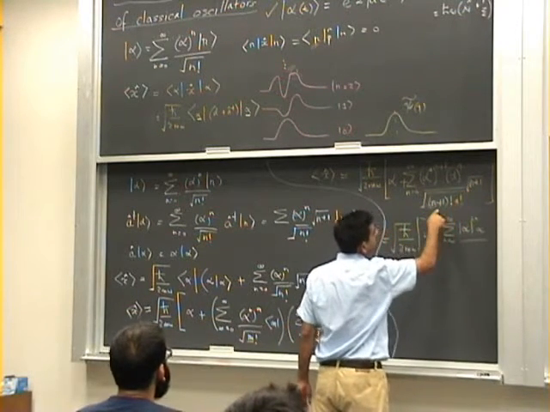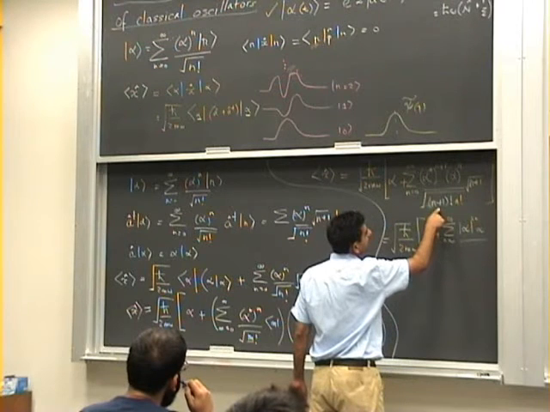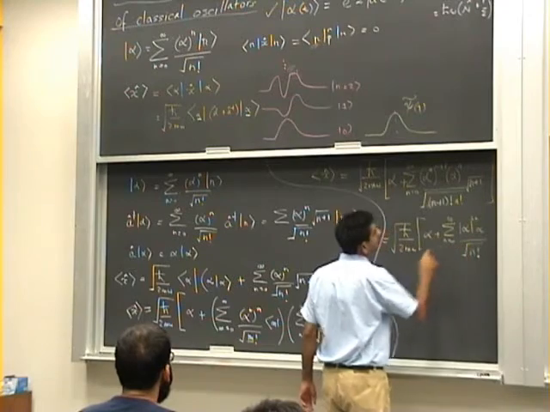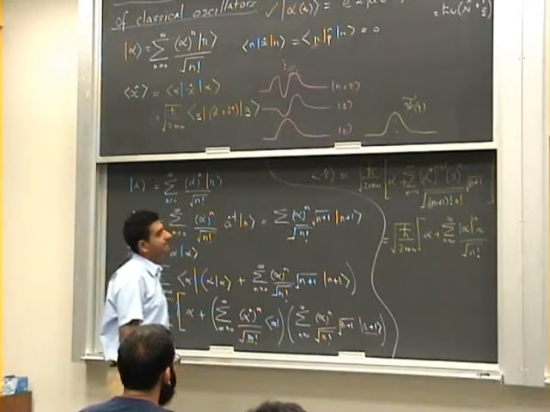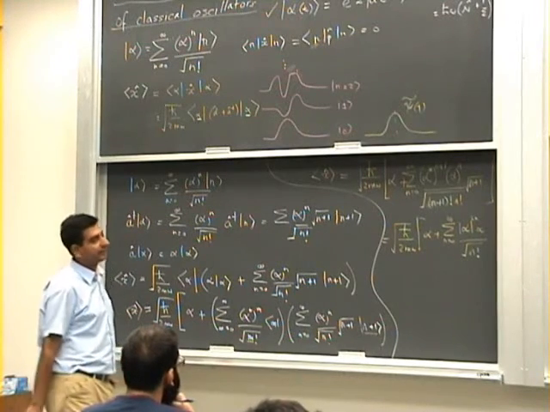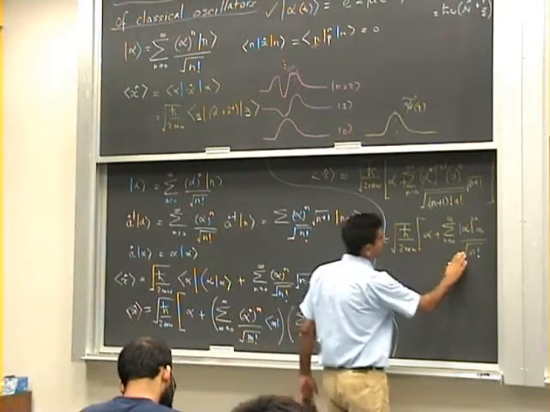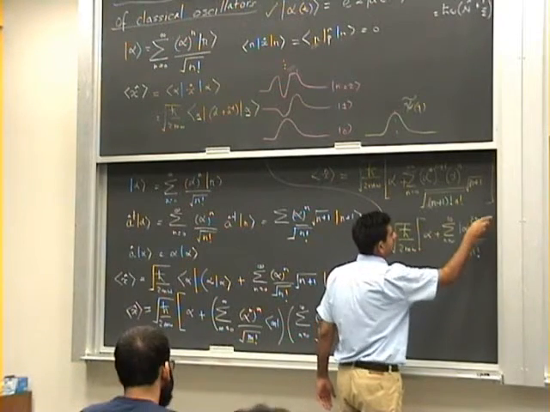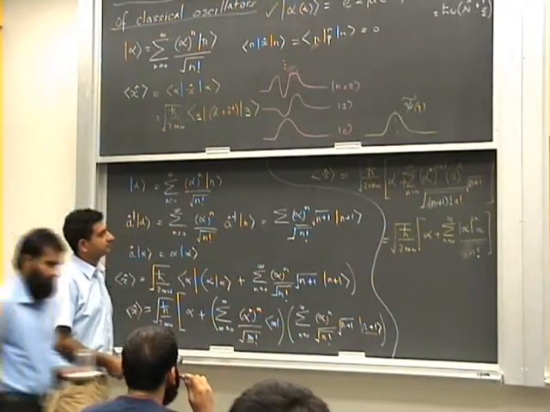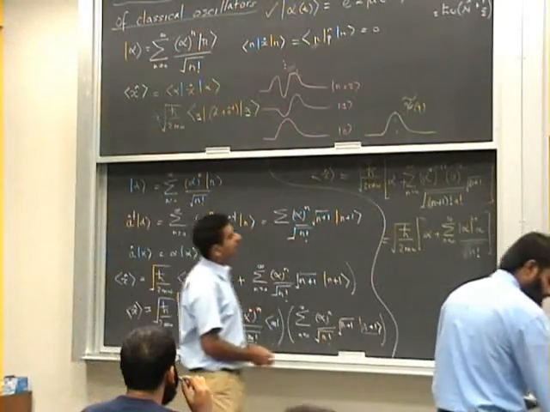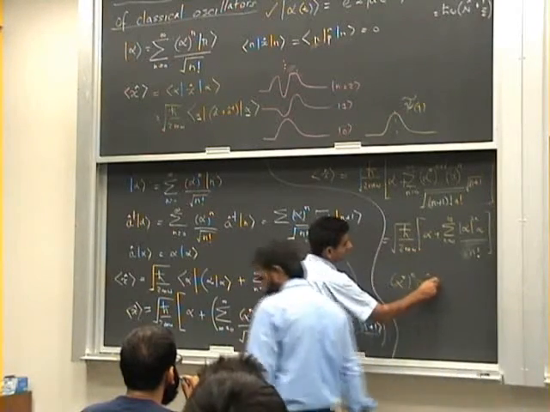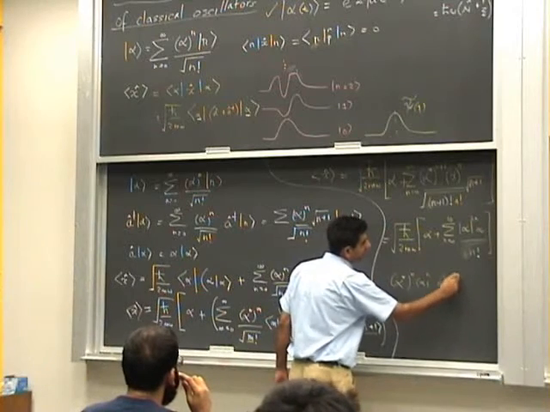This is n plus 1, this is n plus 1 factorial. So this is n factorial, right? n factorial squared under root, n factorial without this square. Alpha star to the power n, alpha to the power n. This is alpha mod square to the power n.